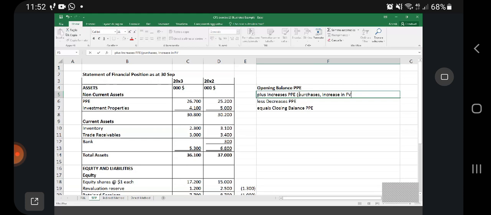Increase in fair value will also increase the value of the properties that I currently have, not only through purchasing new equipment, but also increases in fair value. Remember something specific for this company. Do you remember that we had a reclassification? We took some property from investment properties and reclassified them under the property, plant and equipment. So, reclassifications.